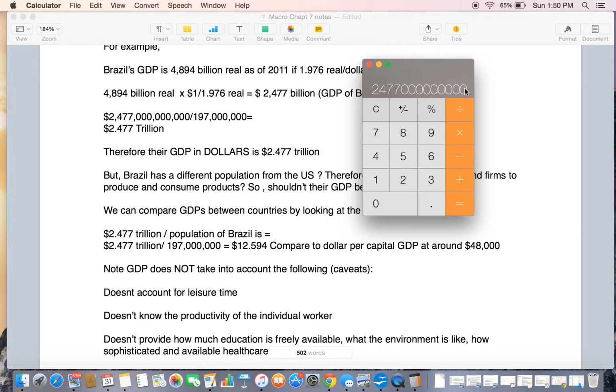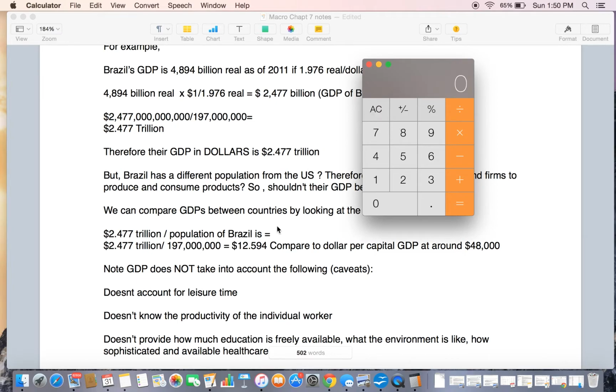Okay, and that gives us $12,573 per capita GDP.